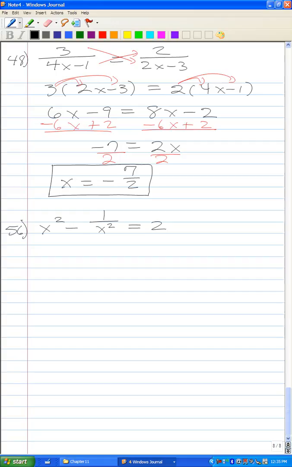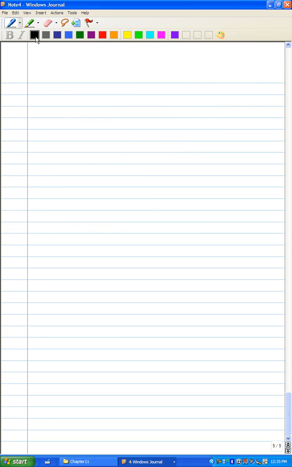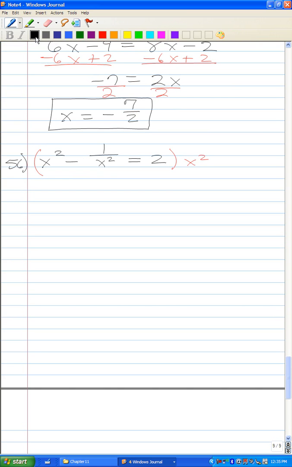So let me multiply both sides of my equation by x squared. And so I get x to the 4 minus 1 equals 2x squared.